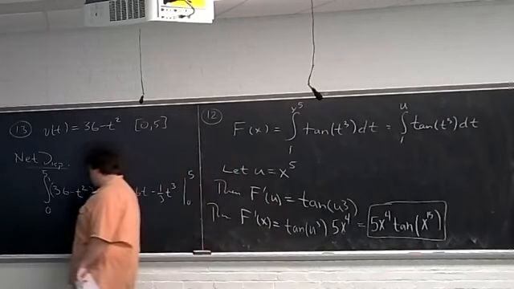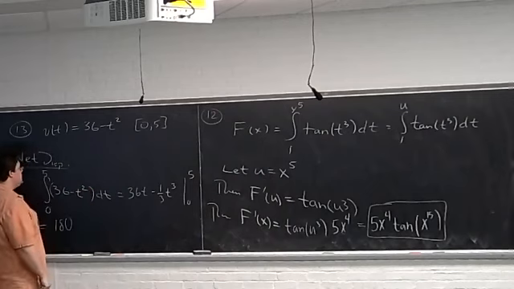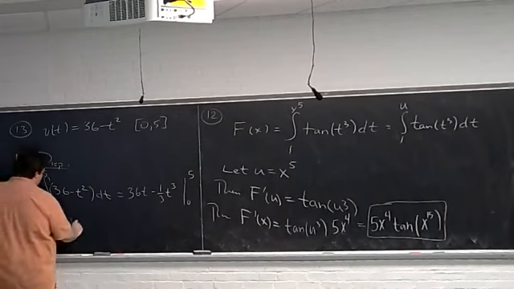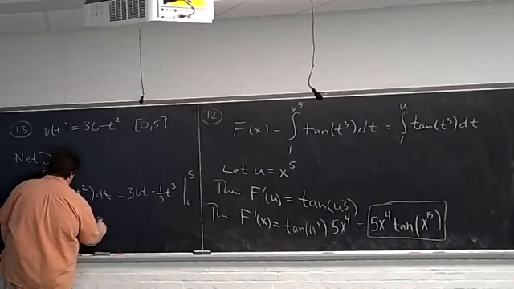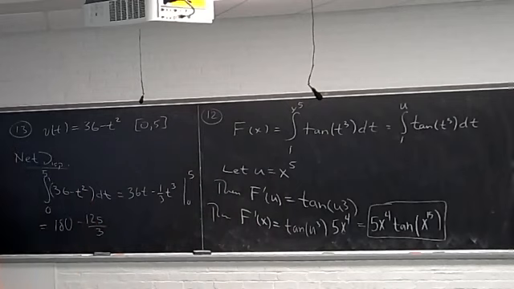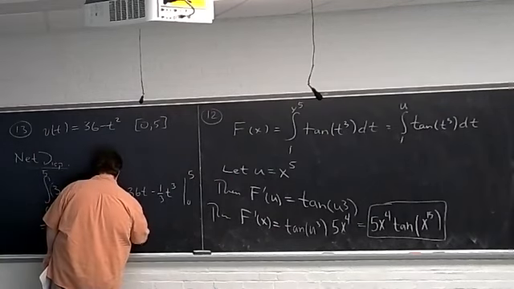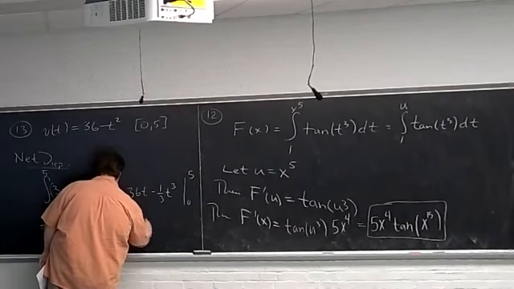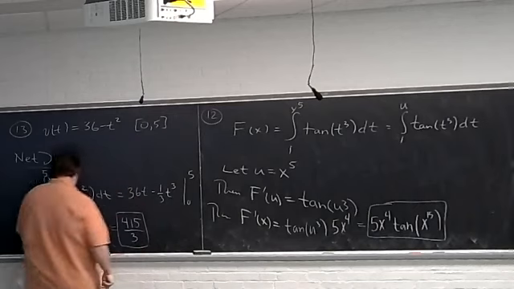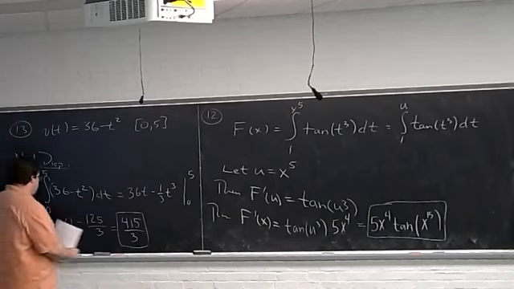What do we get? Well, 36 times 5 is 180, because half of 36 is 18. So we get 180 minus 5 cubed, 125, divided by 3, and at t equals 0, you get 0. And what does this equal? 415 over 3. Yeah, 18 times 3 is 54.